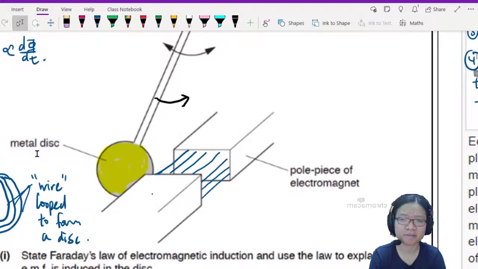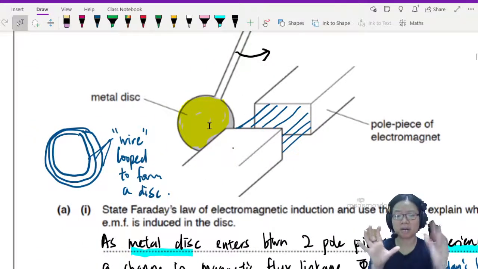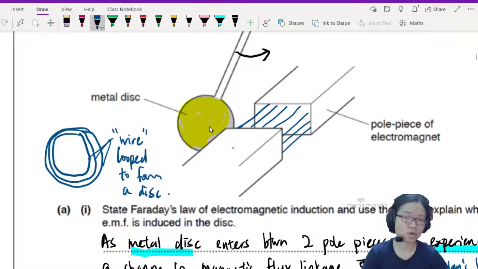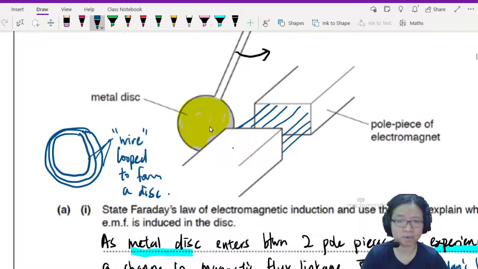Meaning to say, the way this current flows, it flows in a particular coil-like fashion. Of course, if you want to draw this in the diagram, you have to decide which one is north and which one is south. So let's say I decide that this is north, this is south. Again, it's up to your discretion.